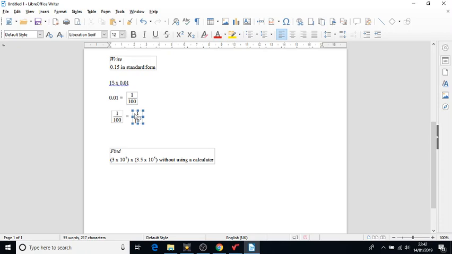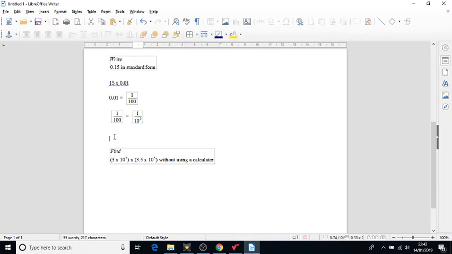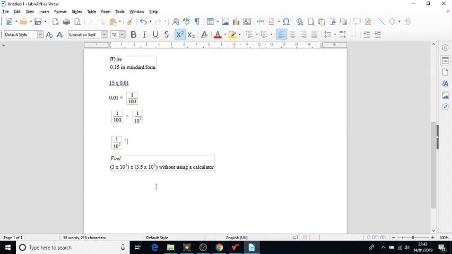Therefore, 1 over 10 to the power of 2 is the same way as writing 10 to the power of minus 2.